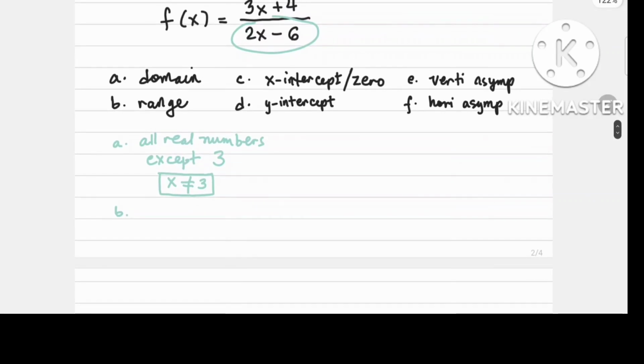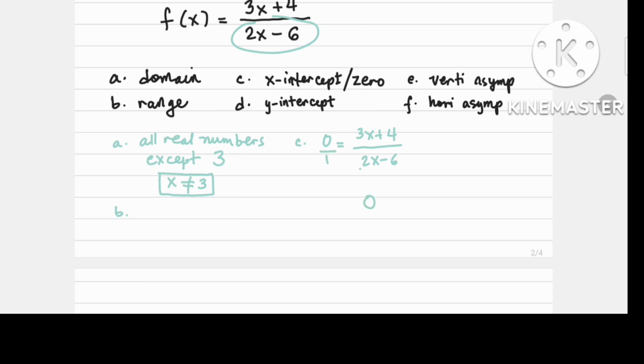So we proceed to determining the x-intercept or 0 of the function. According to our definition earlier, to compute the x-intercept, we will set the function or y to 0. So we'll have this. And then solving for x, we will obtain the product of these two is 0.